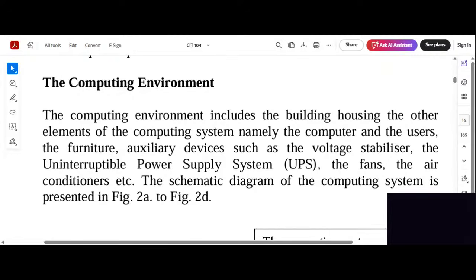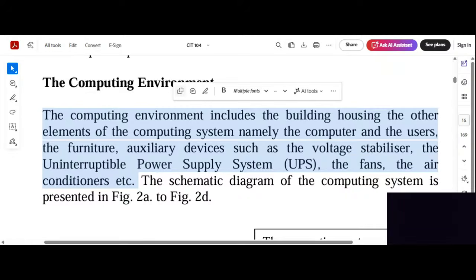Now let's read a bit. The computing environment includes the building housing the other elements of the computing system, namely the computer and the users, the furniture, auxiliary devices such as the voltage stabilizer, the uninterrupted power supply system (UPS), the fans, the air conditioners, etc. Anything at all, when you enter an office that uses computers, everything you find in that environment, including you that are operating the computer, including the fan, the table, the chair, everything that exists in that environment where computer is being operated is collectively called the computing environment.